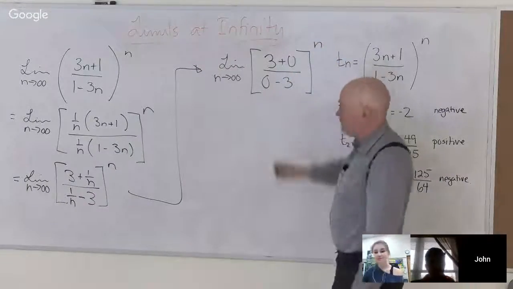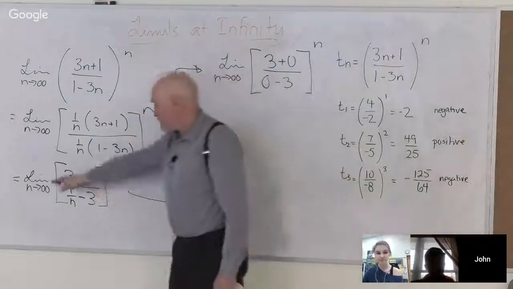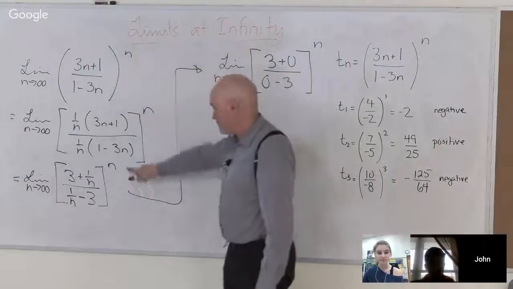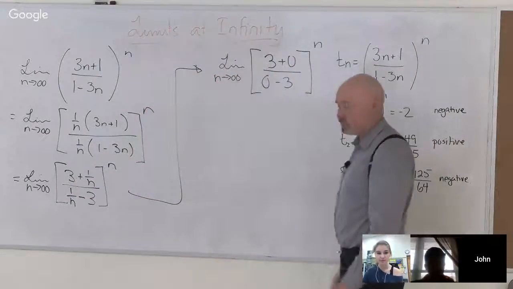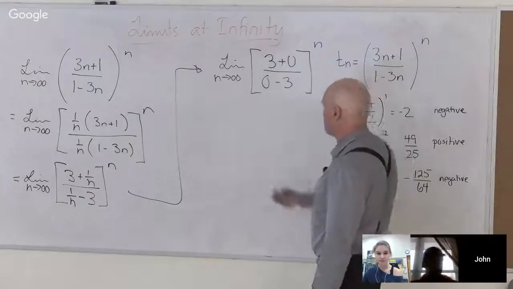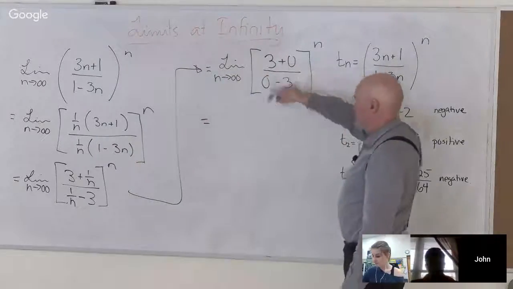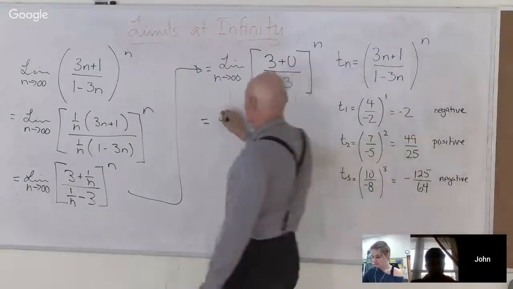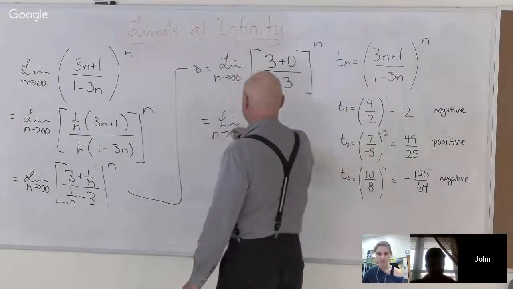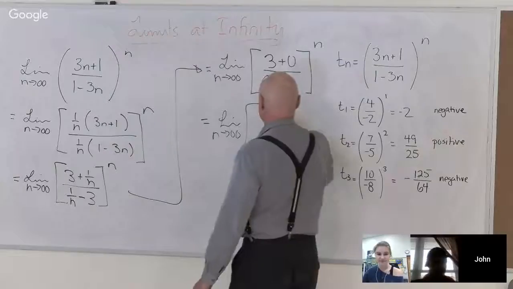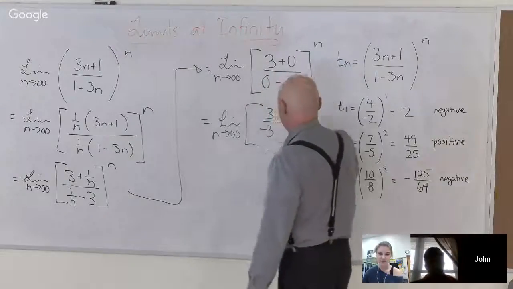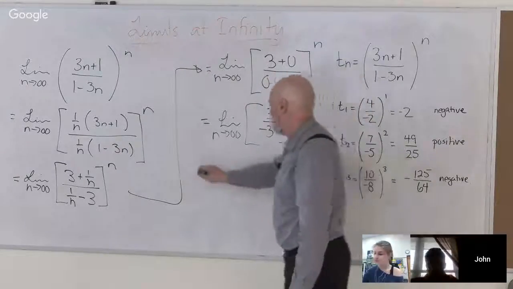So I haven't shown it, but I've applied the limit to the inside without applying the limit to the outside function. This just basically becomes 3 over negative 3, to the n.